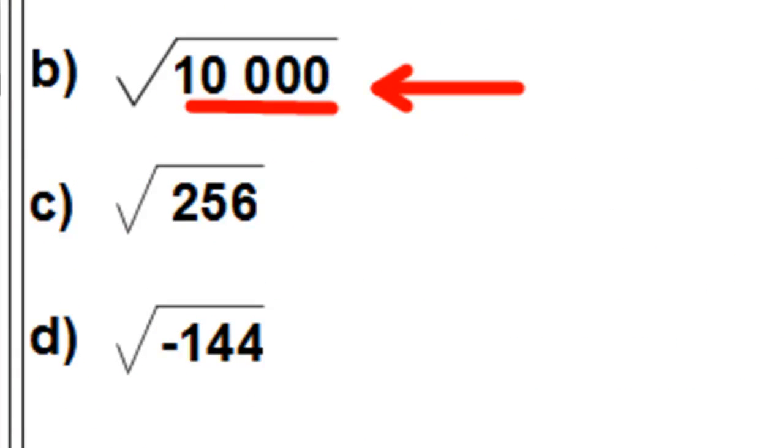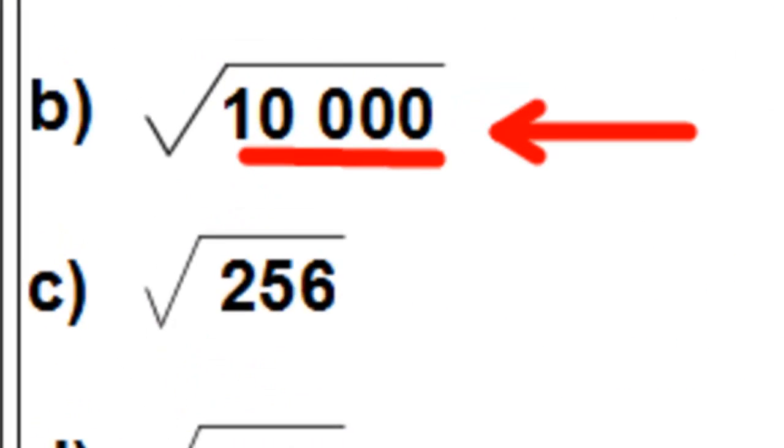There's 4 zeros in the original number. Now, a way to note the square root of a power of 10 is we just take half of those zeros. So 10,000, the square root will be 100. Because 100 has 2 zeros behind it, and 10,000 has 4. So that's an easy way to find the square root of a power of 10.